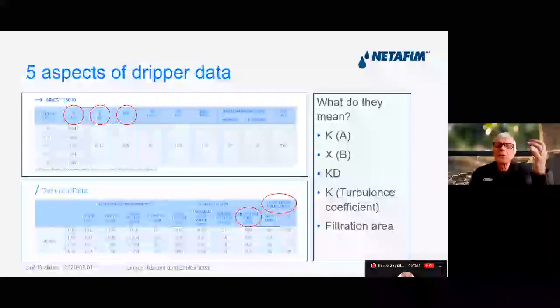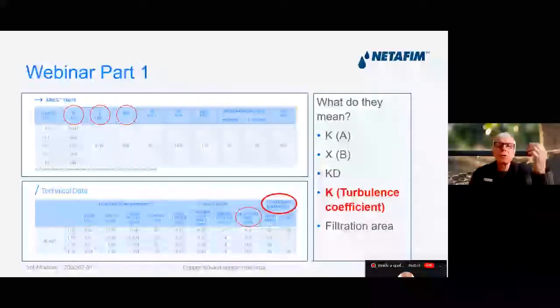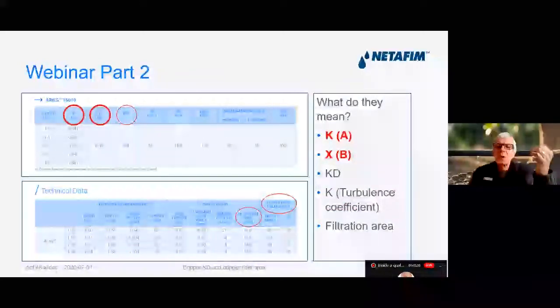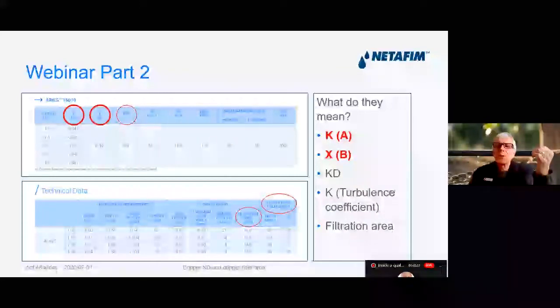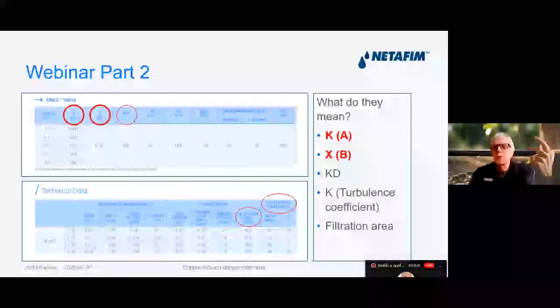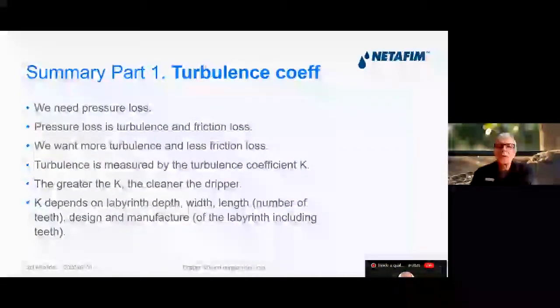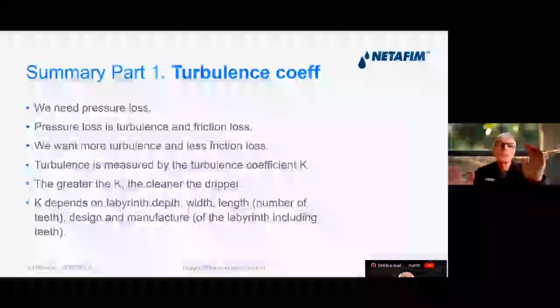So what do each of these mean? In the first seminar, we explained what we mean by the turbulence coefficient. In the second one, part 2 of the webinar, we showed K, sometimes called A, and X, sometimes called B. We saw that in order to get water through a dripper, we needed to create pressure loss.